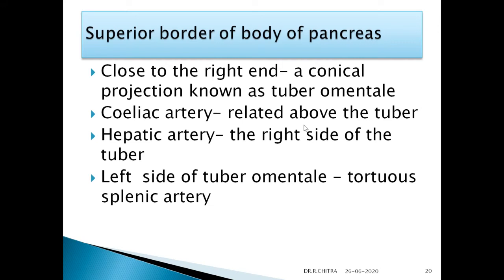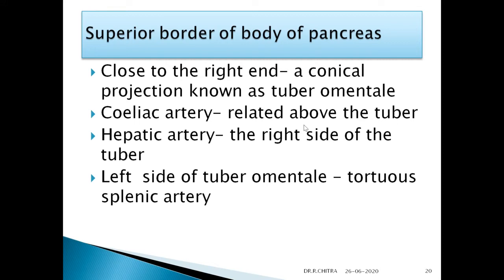The superior border of the body of pancreas presents a conical projection called tuber omentale. Just above the tuber omentale is the celiac artery. To the right side of the tuber is the hepatic artery, but the main artery which runs over the upper border of the body of the pancreas is the tortuous splenic artery.